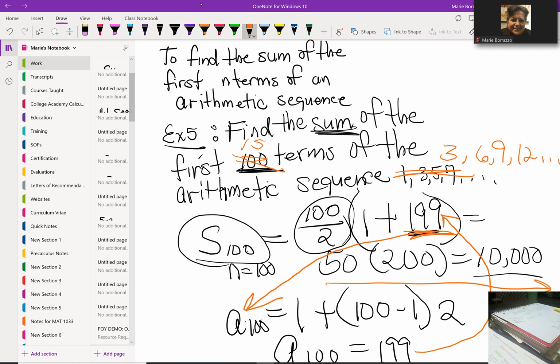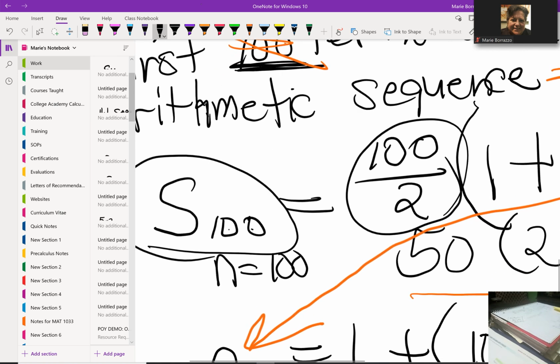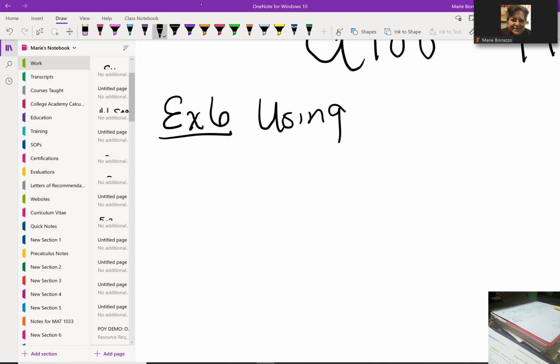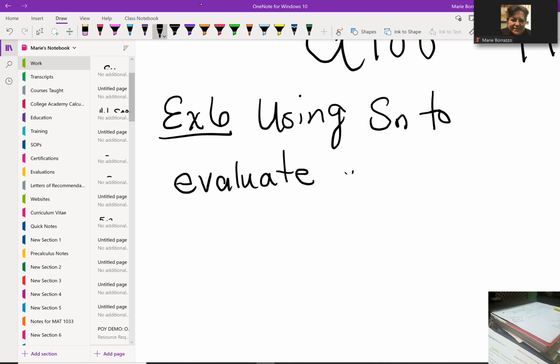All right, I have 2 more examples to cover with you and then we're done for the day. So let me do example 6 with you. This is using S sub n to evaluate a summation.